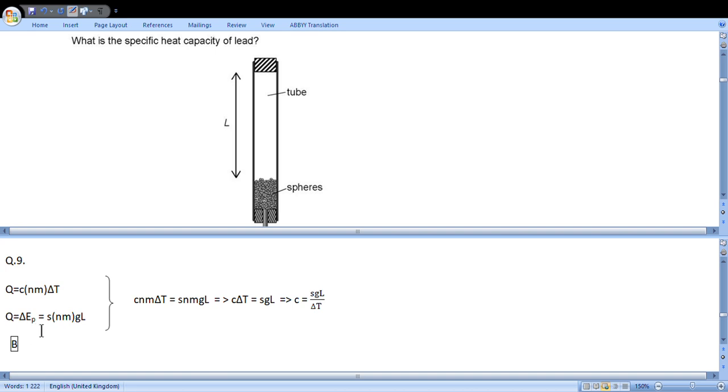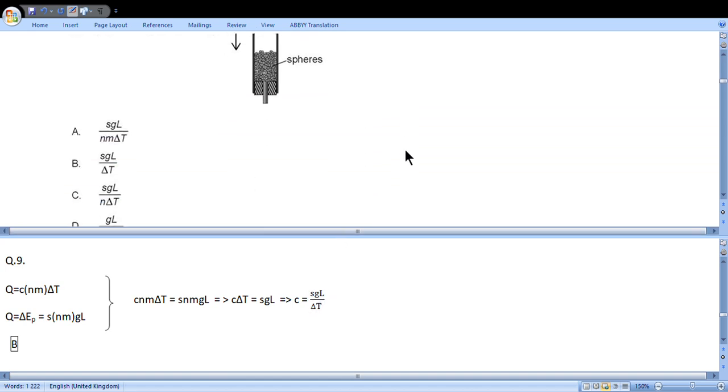This heat comes from the change of potential energy, s times mgh, where mass is nm. These heats are equal, so we rewrite the expression, and for c we get sgL over delta T, which is B.